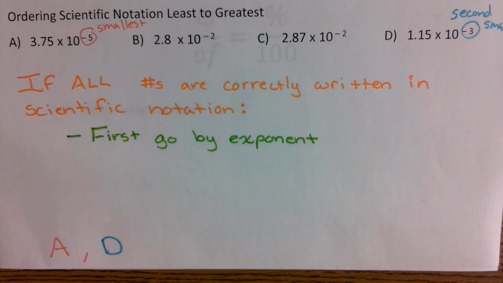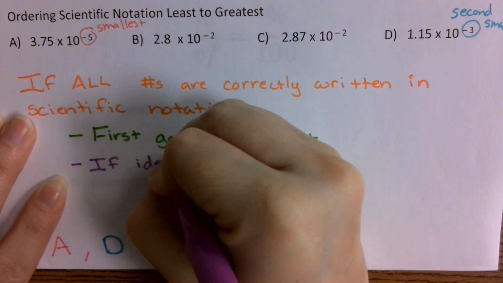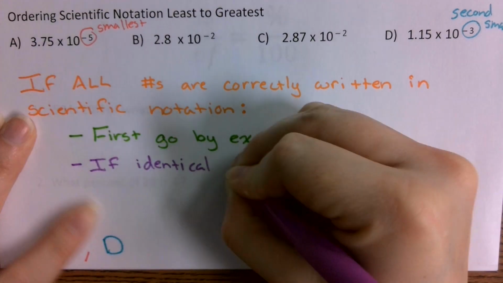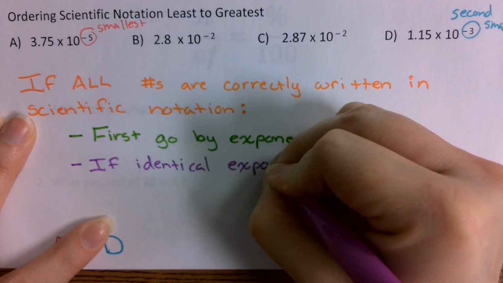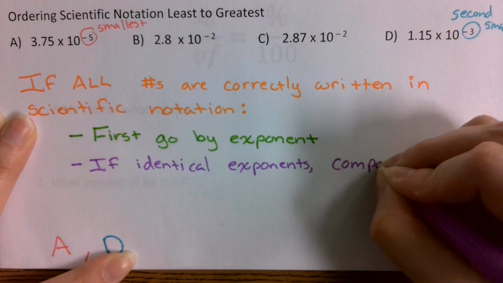So once you get it down to where you've got identical exponents, then you're going to compare the decimals.